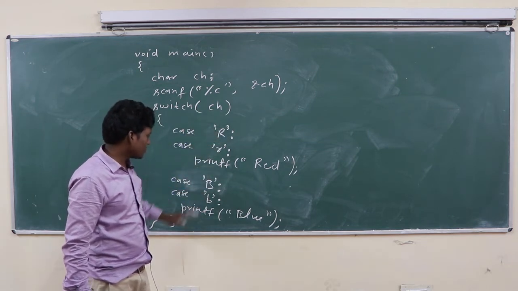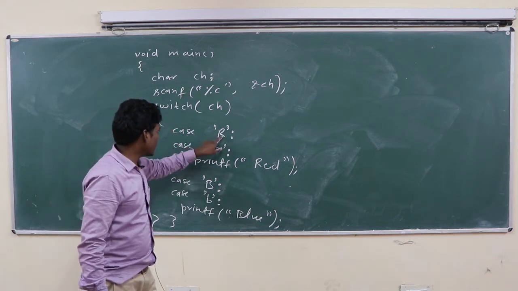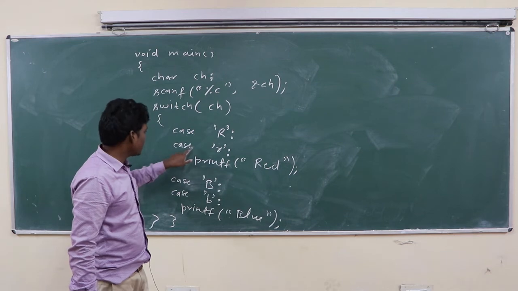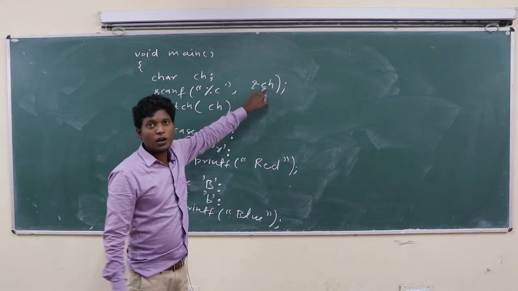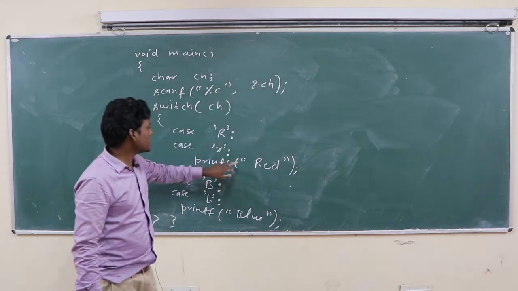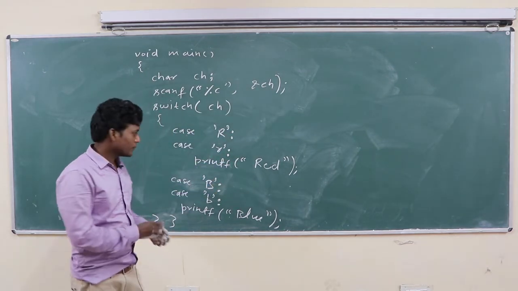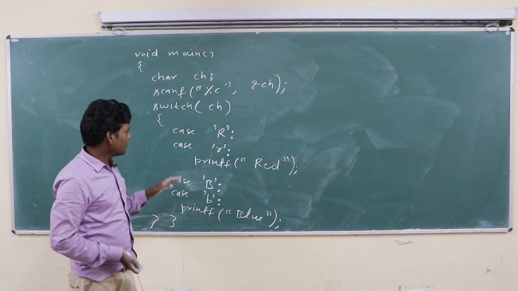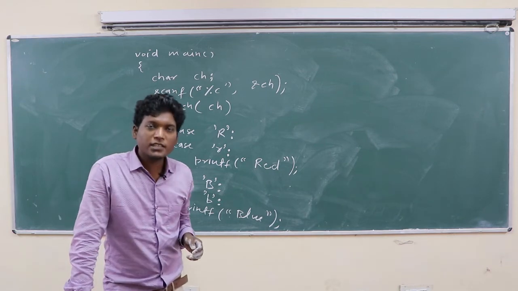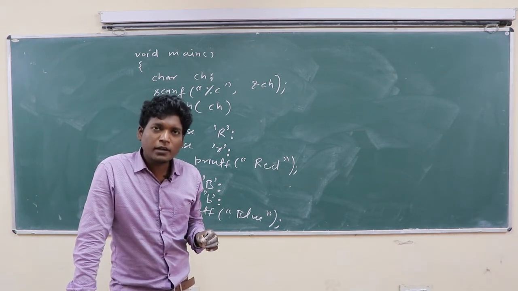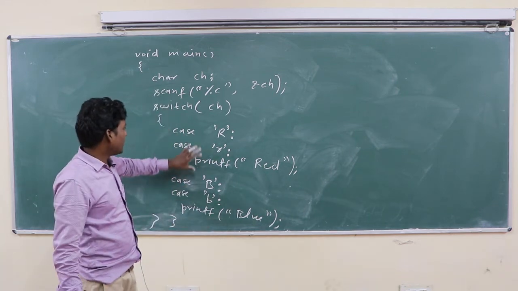So we can see here are two cases, case constant capital R and case constant small r. If the user inputs either small r or capital R, in both cases this printf will execute. So class, each case may have several statements and each statement may have several cases. This is the example.